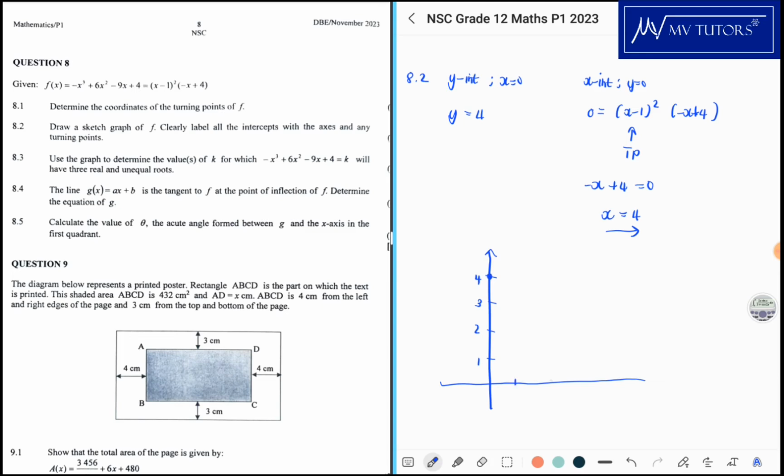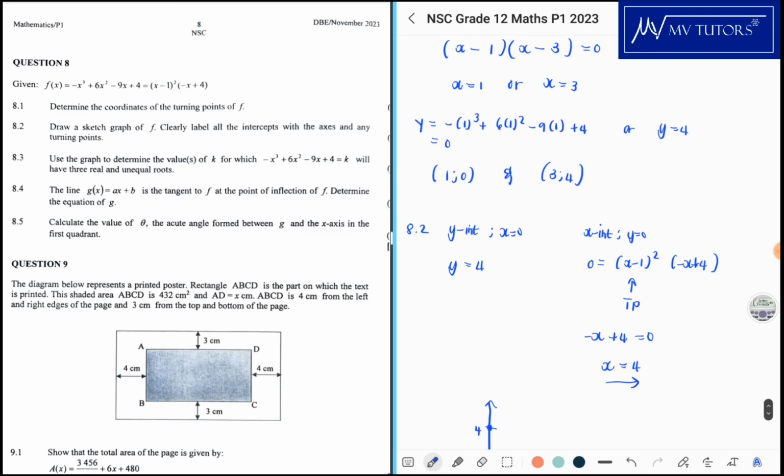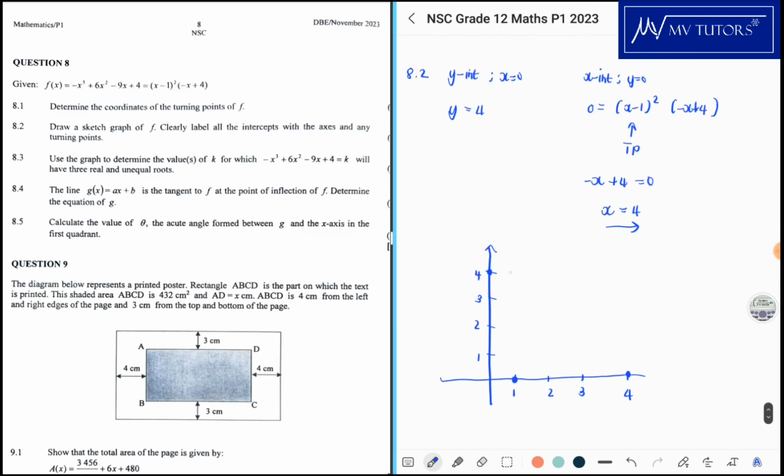And if we have again 1, 2, 3, 4, we know at 1 we have a turning point. So just put it there. And at 4 we have an intercept. And we have a turning point at 3 and 4. So also somewhere there we have a turning point. Okay, so now we can sketch. It makes life just a little bit easy.